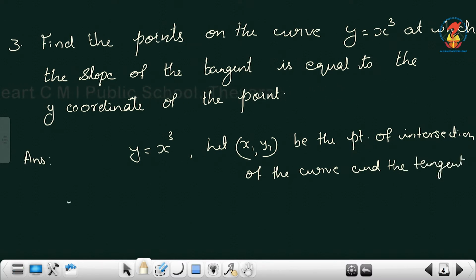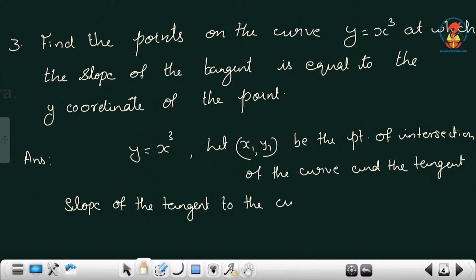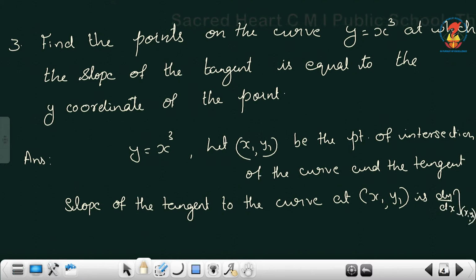So what is the slope of the tangent? The slope of the tangent to the curve at the point x1, y1, this x1, y1 only we have to find, is dy by dx at x1 comma y1.